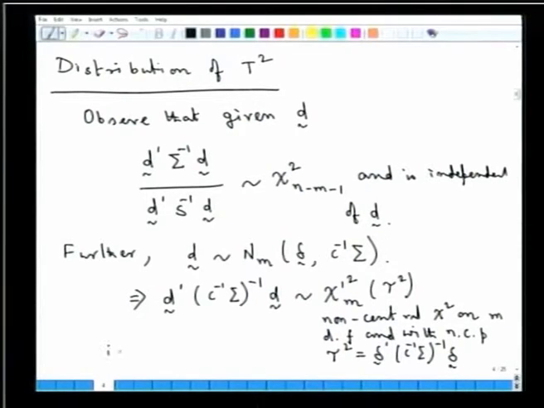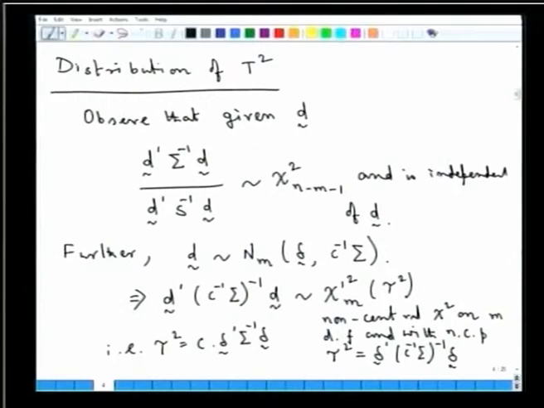That is, in other words, this non-centrality parameter here is just C times a scalar constant, delta prime sigma inverse delta. Now, this random variable is going to have a central chi-square distribution if we have this tau square equal to 0. Only under that particular condition will this have a central chi-square distribution.